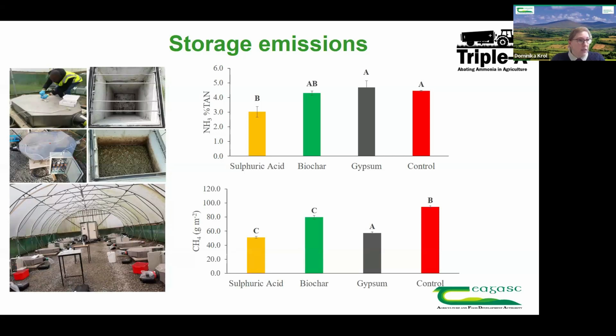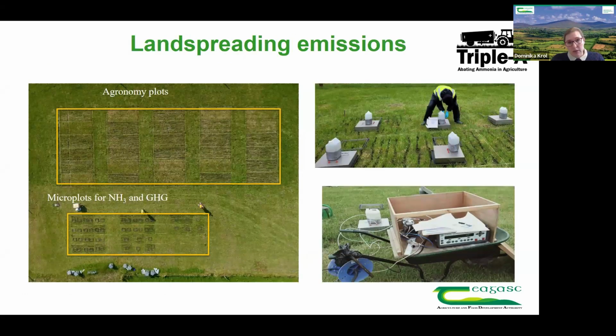With that in mind, we need to ask ourselves what's going to happen with downstream emissions. If we reduce emissions in storage and we're retaining that additional nitrogen, are we going to see any increased emissions? With that in mind, we carried out a plot experiment measuring ammonia emissions, greenhouse gas emissions, and we also looked at grass agronomy.